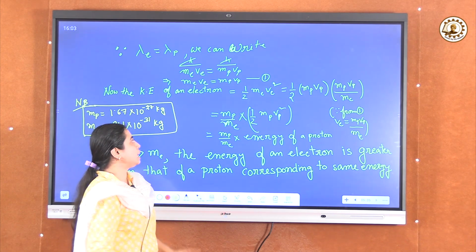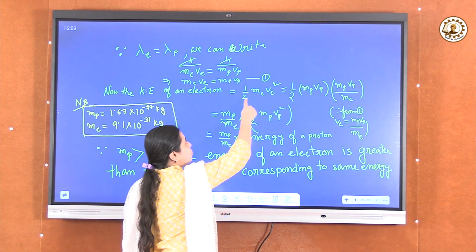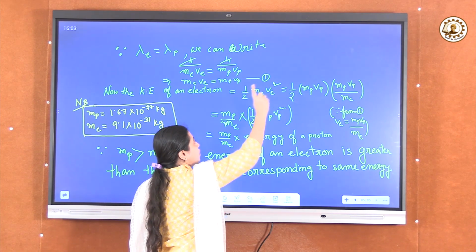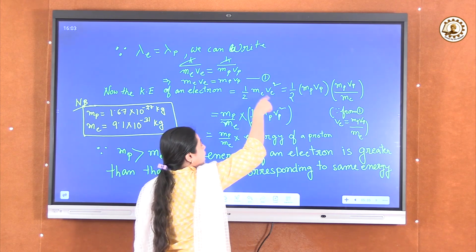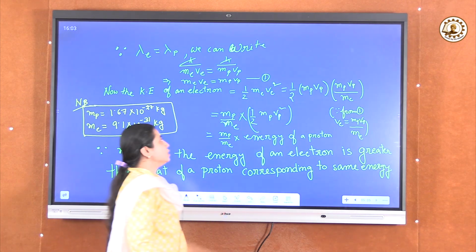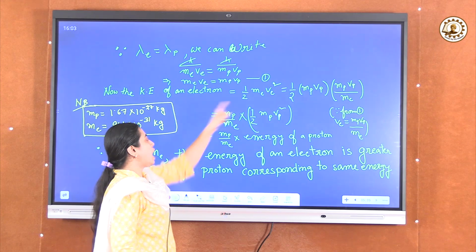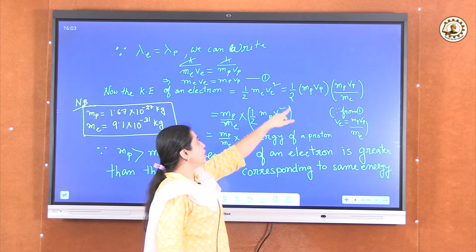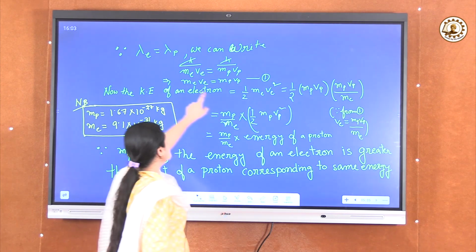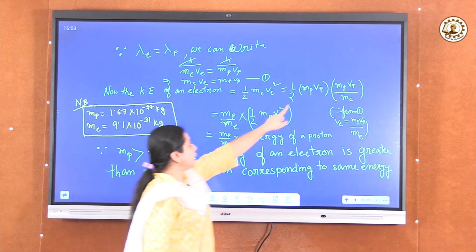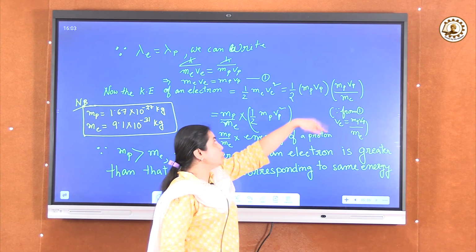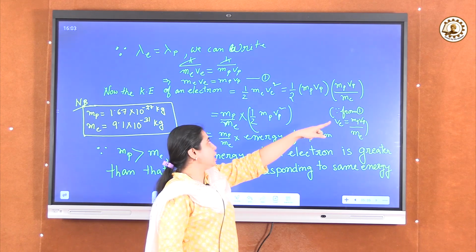So we will write half of Me Ve squared, means half of Me Ve into Ve. So I can write half of Mp Vp, because Me Ve equals Mp Vp, into, again Ve is there.